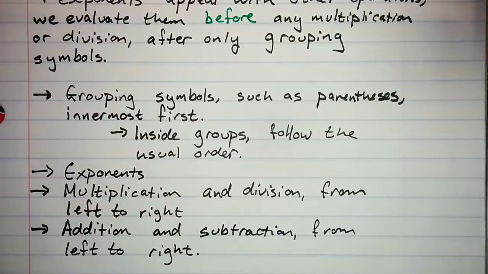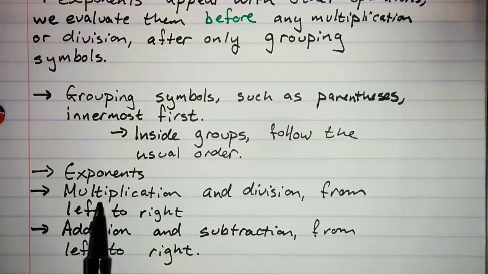Now this order is arbitrary, it's just something we all agree on, but it's not really random, right? Addition and subtraction are really closely related, so it makes sense that they would be evaluated at the same time. Multiplication and division are really closely related, so it makes sense that they would be evaluated at the same time. More than that, multiplication is repeated addition.